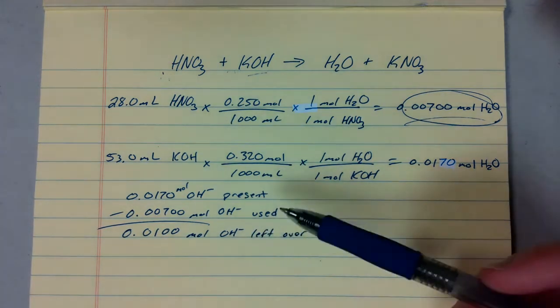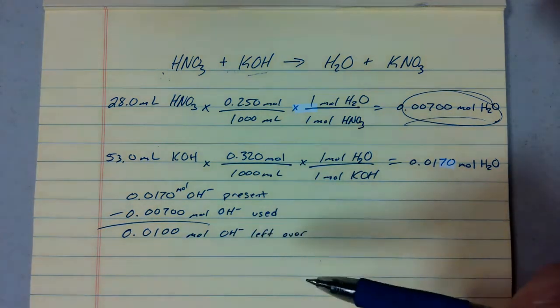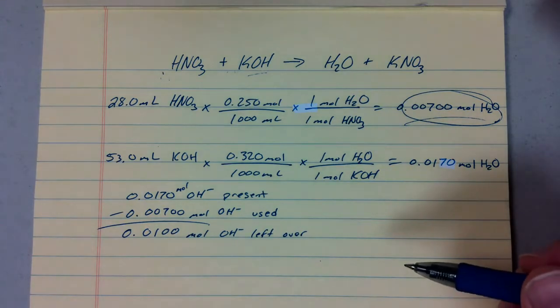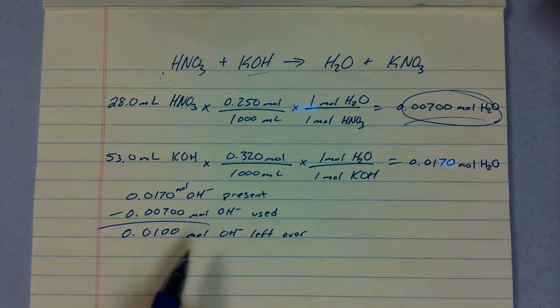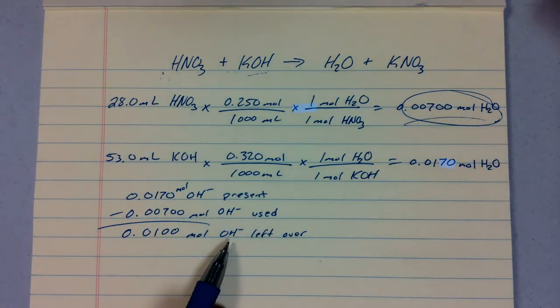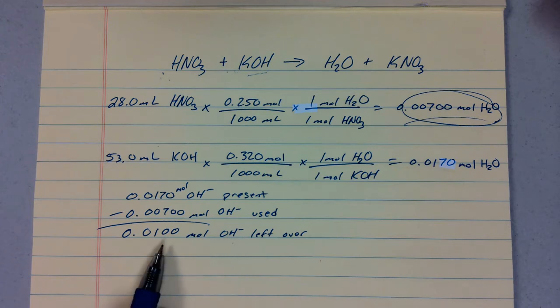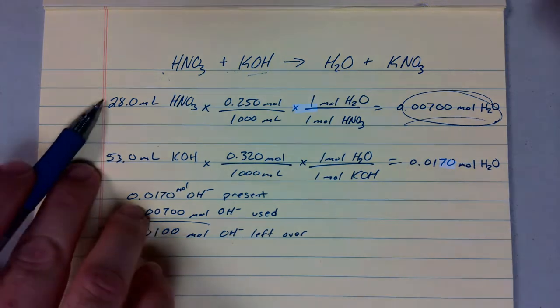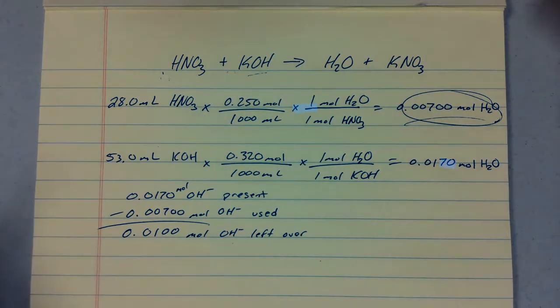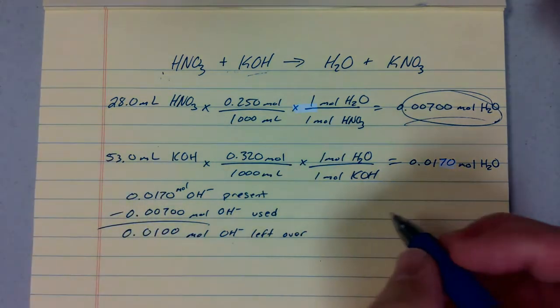But the question wasn't how many moles of hydroxide are left over. The question is, what's the concentration after the reaction goes to completion? Well, this is how many moles of hydroxide are going to be in excess in this solution. And this isn't the concentration because it's not a liter of solution. It's 28 milliliters and 53 milliliters. So 53 milliliters and 28 milliliters, that's 81 milliliters total.